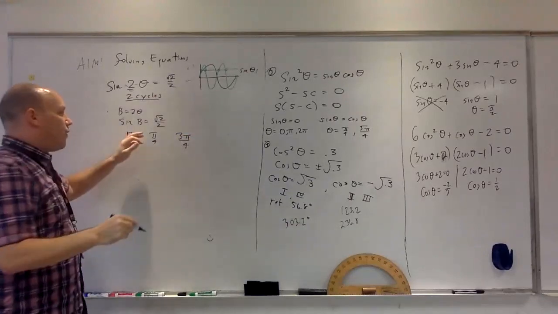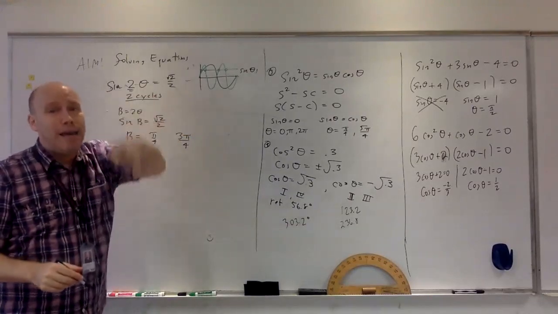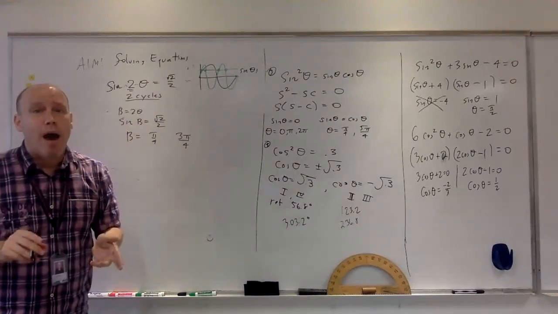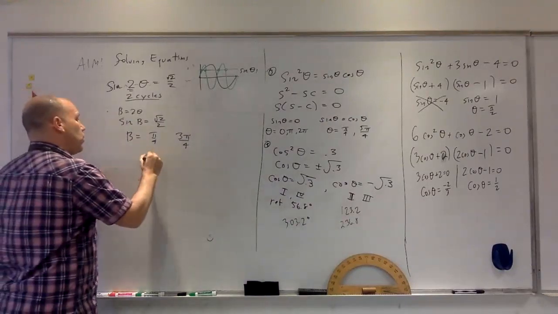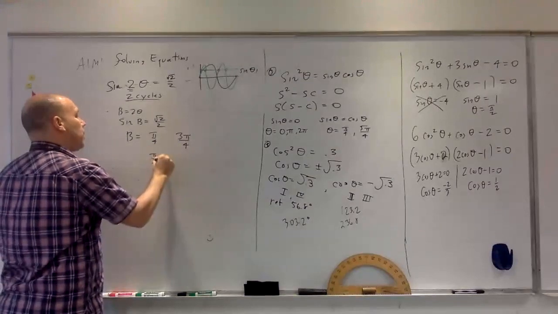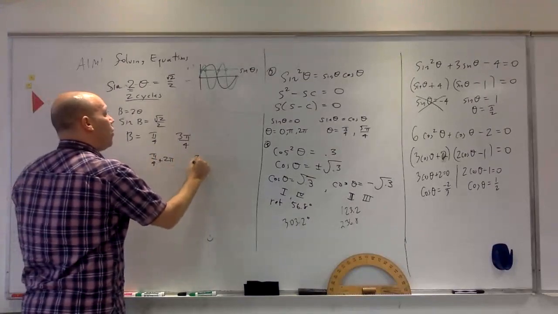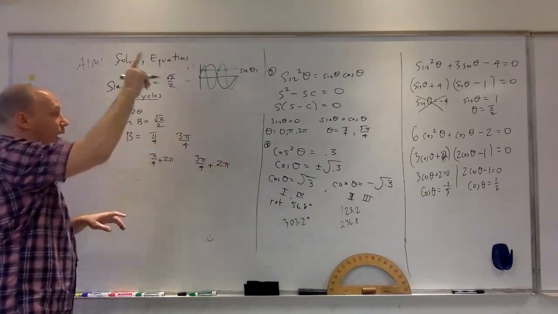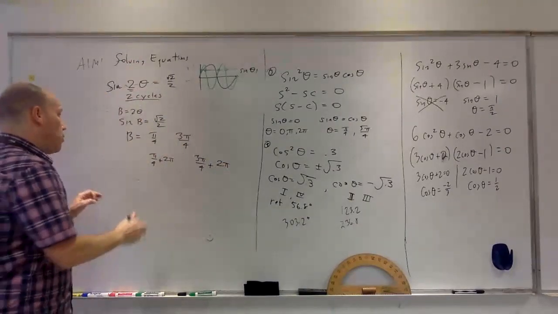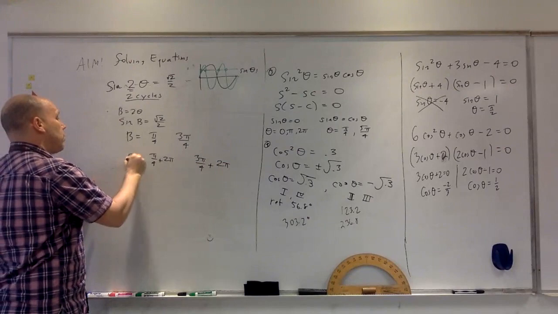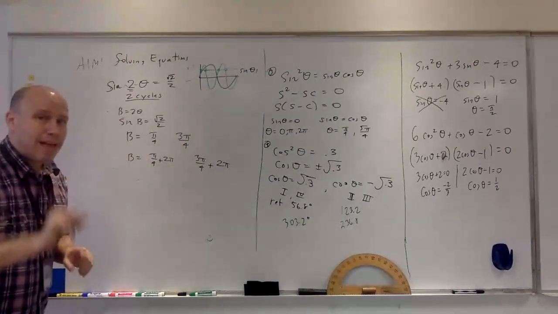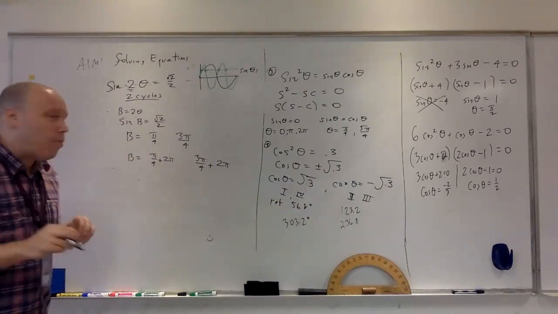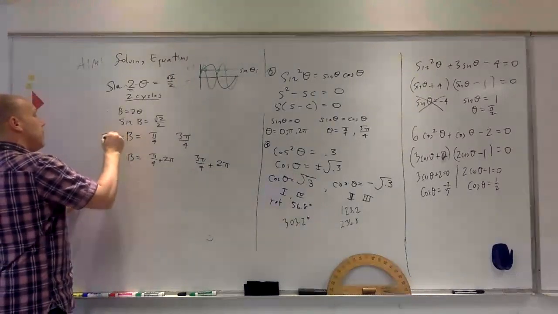But that's the first cycle. I need to go around again, so I'm going to add 2 pi to each of those: pi over 4 plus 2 pi and 3 pi over 4 plus another 2 pi, a full cycle. So b is also these solutions. But that's not what we want. We don't want b. We want 2 theta.